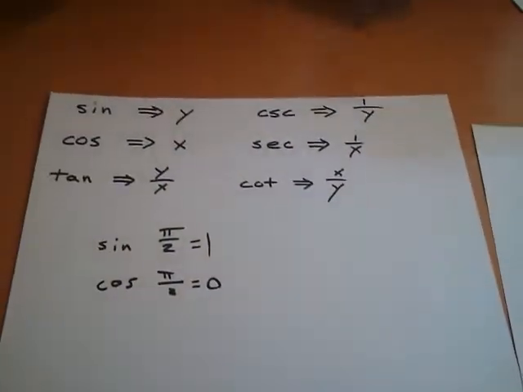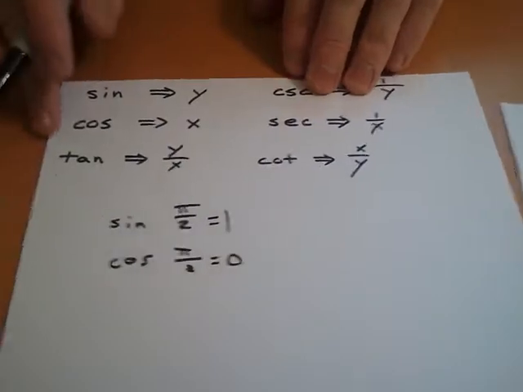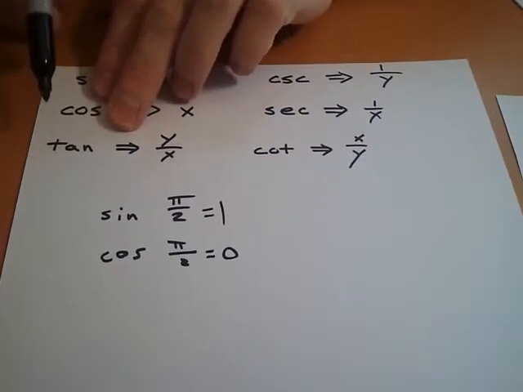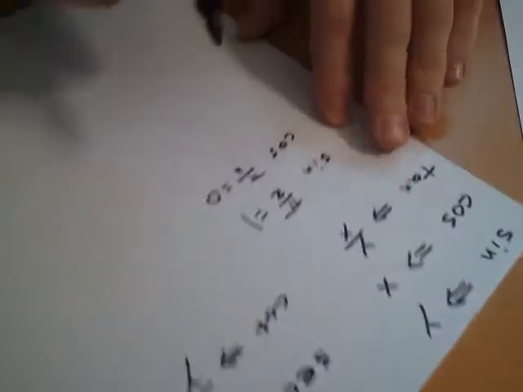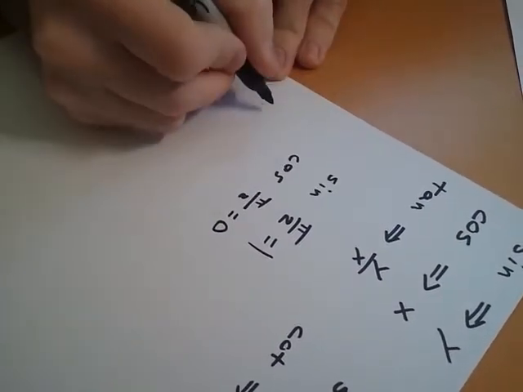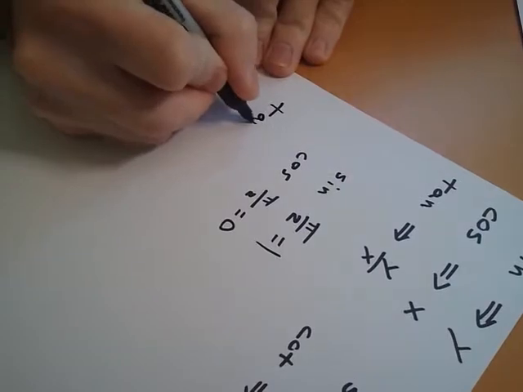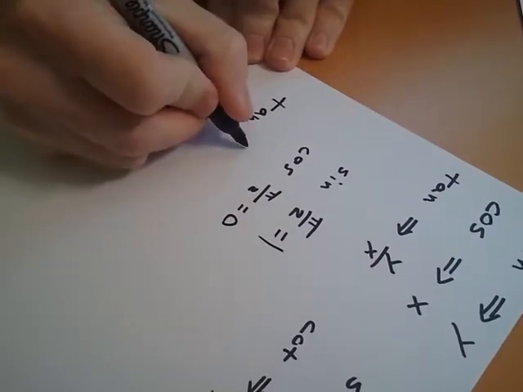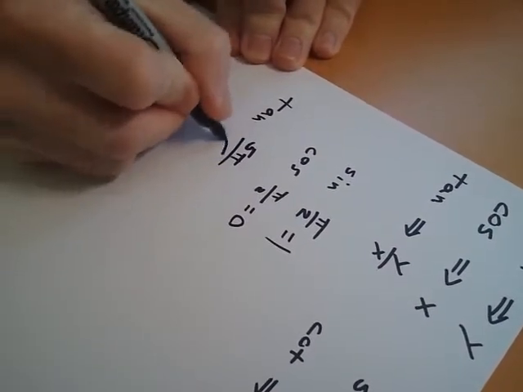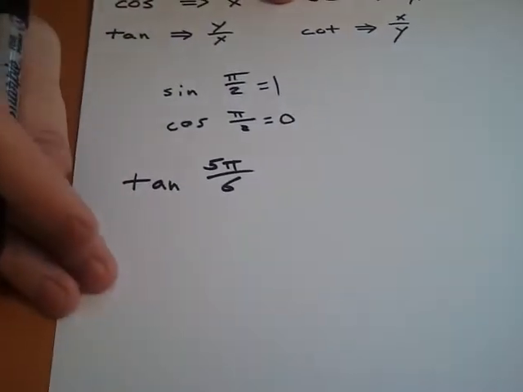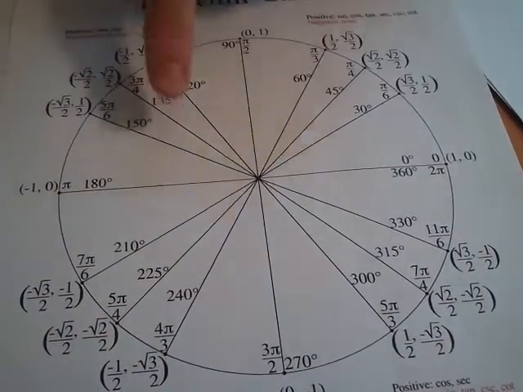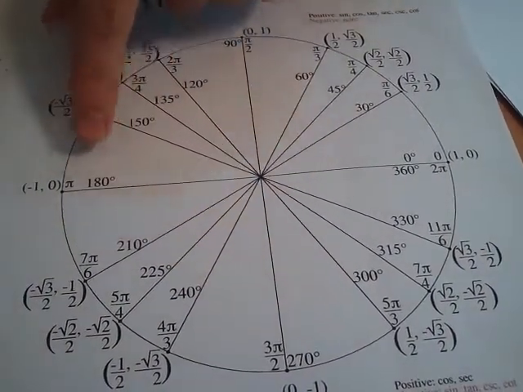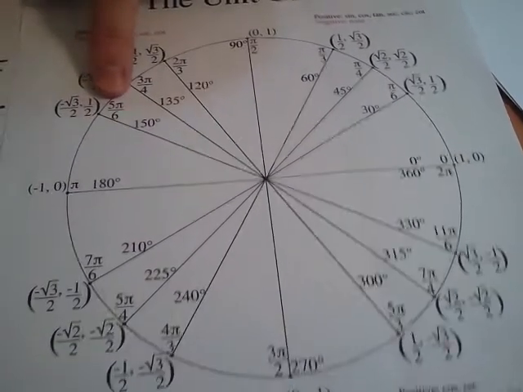It gets a little bit more complicated when you look at your tangent. Tangent is y over x. So if you need to find something like, let's say, the tangent of 5 pi over 6, you need to first of all find out where that is on your unit circle. 5 pi over 6 brings us right to here.